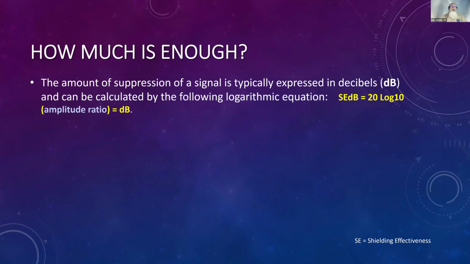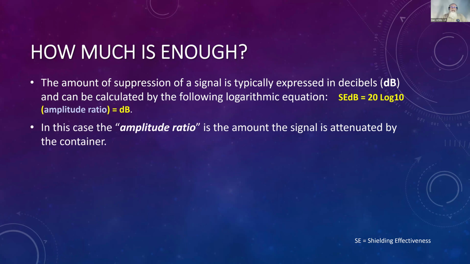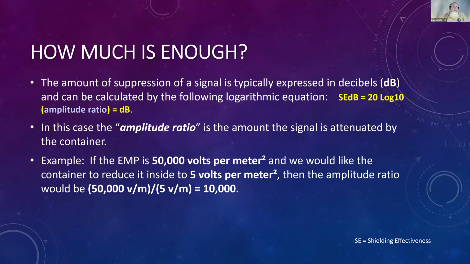So the question is, how much is enough? How much suppression do I need? The shielding effectiveness can actually be calculated, and it's the amplitude ratio we're looking to deal with. For example, if an EMP is 50,000 volts per meter, and we'd like the container to reduce it inside to 5 volts per meter, then the amplitude ratio is 50,000 volts per meter divided by 5 volts per meter, so it's 10,000.